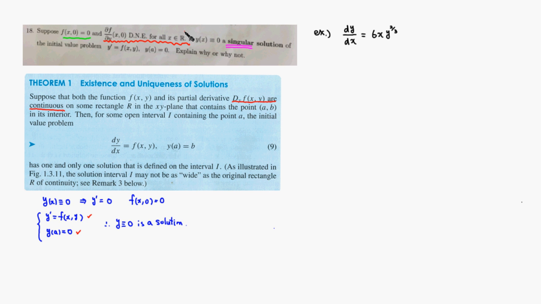All right, so let's see if we can come up with an example where y equals 0 is actually a singular solution. Here's the example. You have dy over dx is equal to 6x y to the 2/3 power.